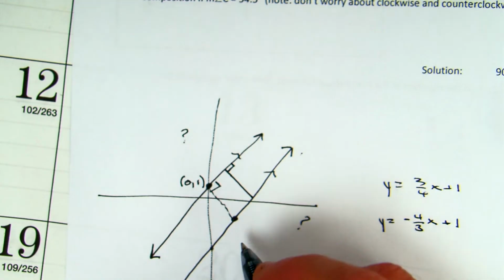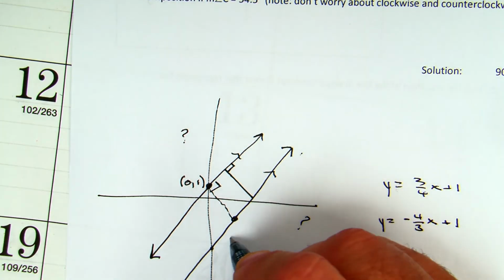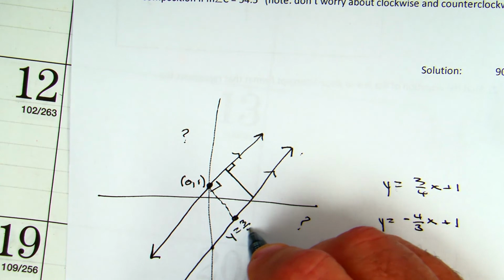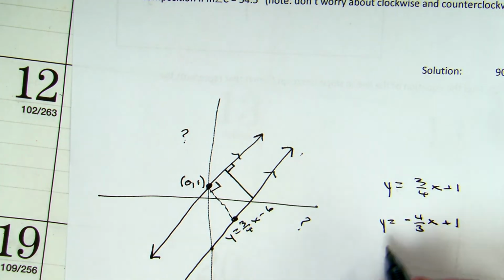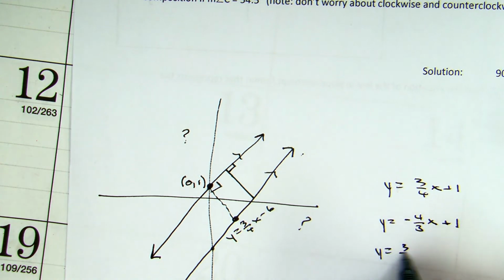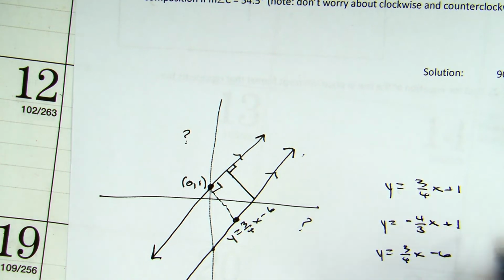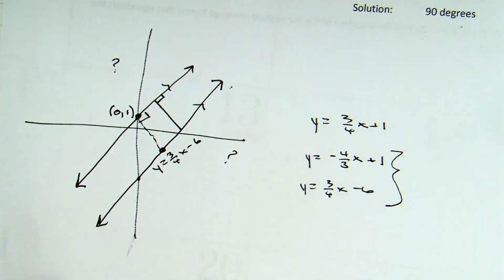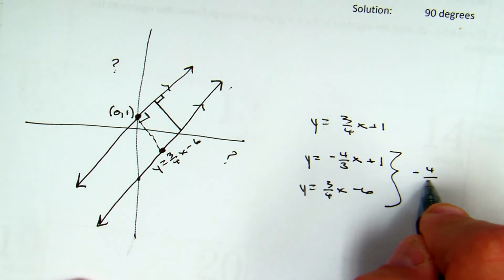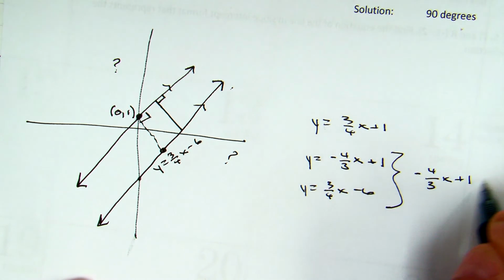And remember, this one is y equals 3/4 x minus 6. To find the point of intersection, like from last year, we take those two and find the point of intersection using systems. When they're both solved for y, we can set them equal to each other and solve.